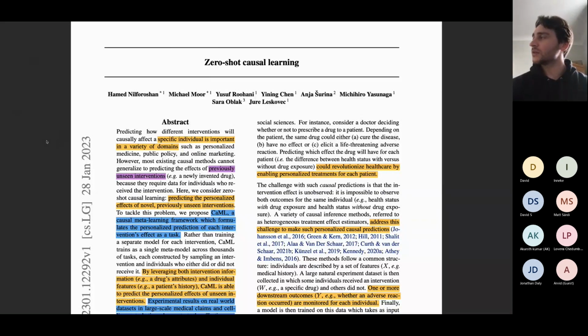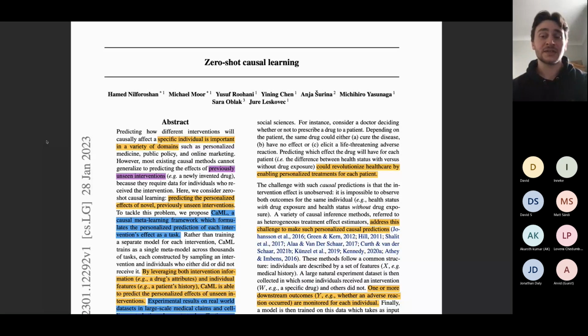You're given a system and the system has some description and you intervene on the system, you change something or you add something and you want to see what impact it will have. I think that's a poor explanation of causal learning in a nutshell. Hopefully going through the paper, we can get to a better one.